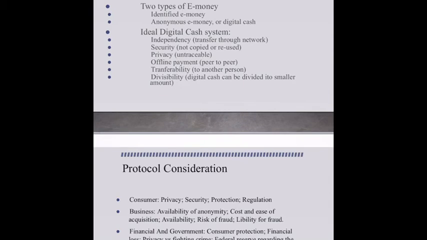In a business: availability of anonymity, cost and ease of acquisition, availability, risk of fraud, liability for fraud. And in financial and government: consumer protection, financial laws, privacy versus fighting crime, Federal Reserve regarding the money.